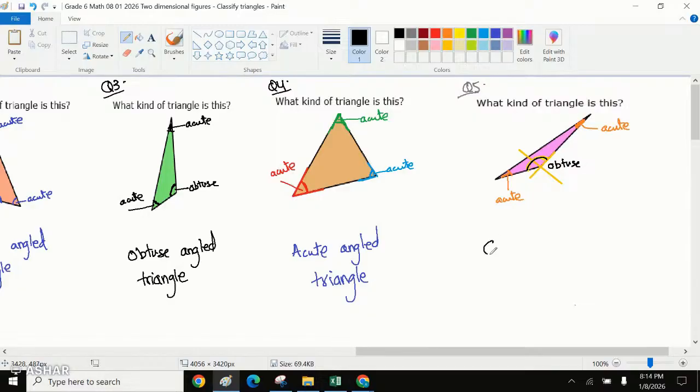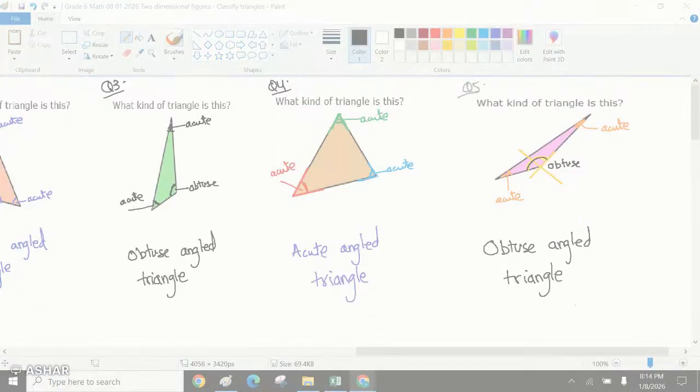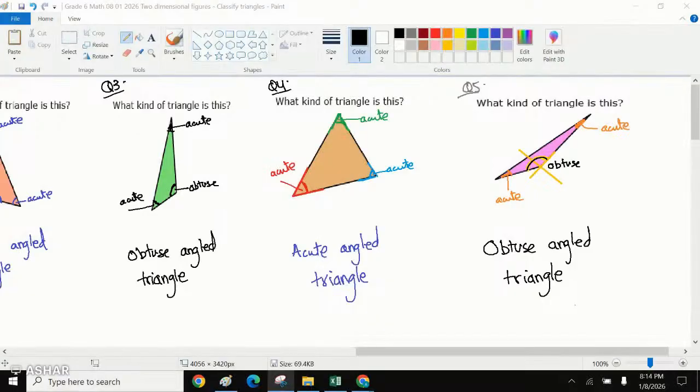Okay, so the answer would be obtuse angled triangle. Agreed? Thank you. Just a moment, please. Question we have is question number 6, and it says a very similar question, but a different perspective, right?